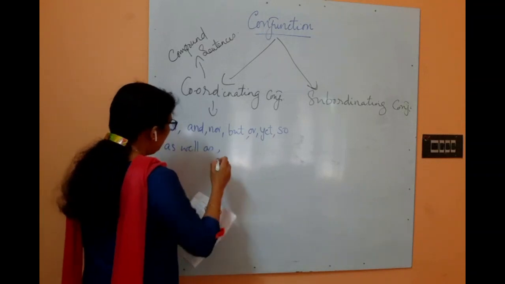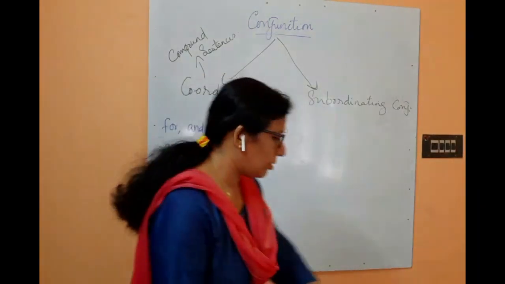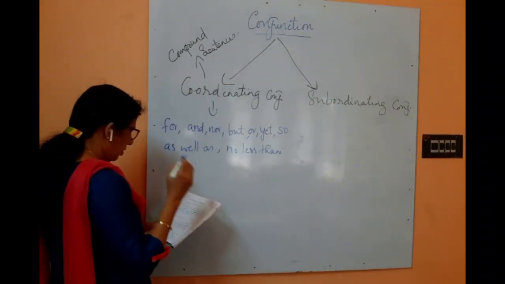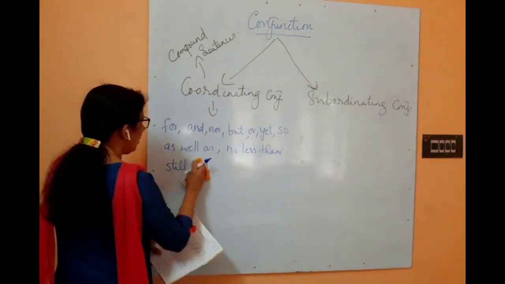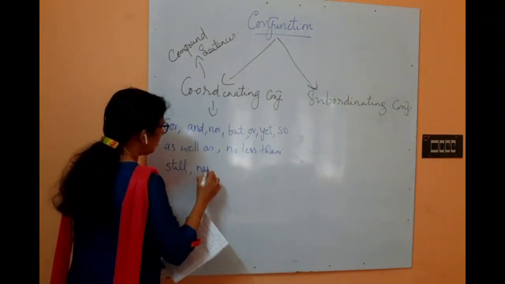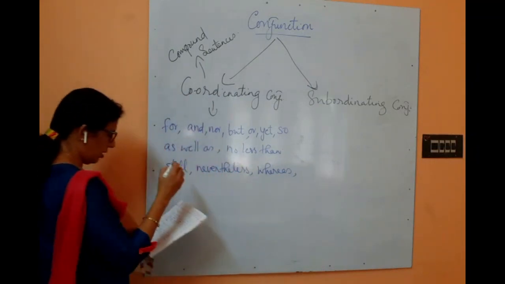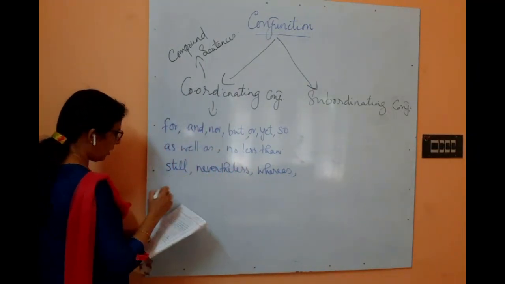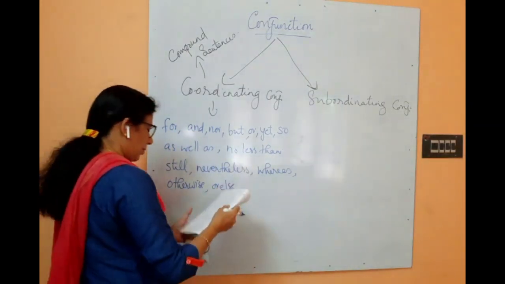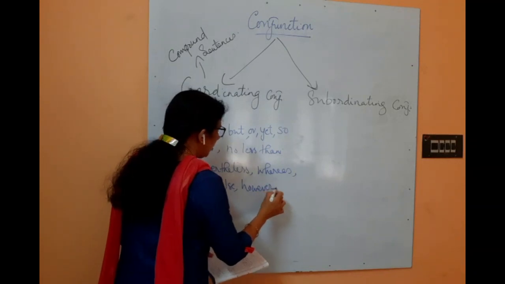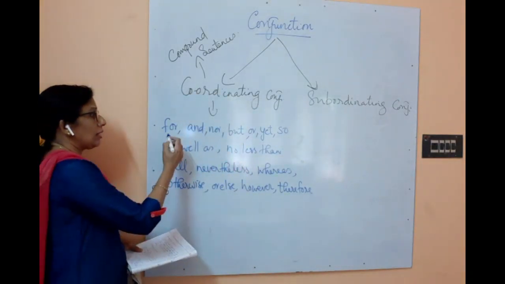As well as, no less than, still, yet, nevertheless, whereas, otherwise, or else, however, therefore. These are some of the other conjunctions other than FANBOYS.